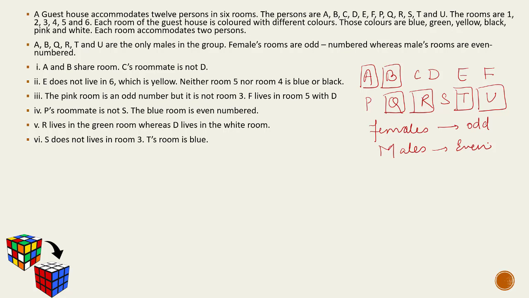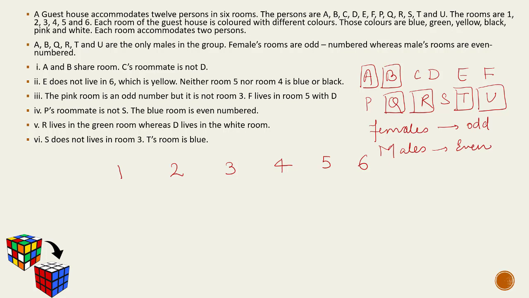And as we read the further data, we again have to first fix what has to be my primary parameter according to which I have to arrange data. So here the primary parameter has to be the room number, because a lot of data has been given in the context of room numbers. So we fix our room numbers here: 1, 2, 3, 4, 5 and 6.